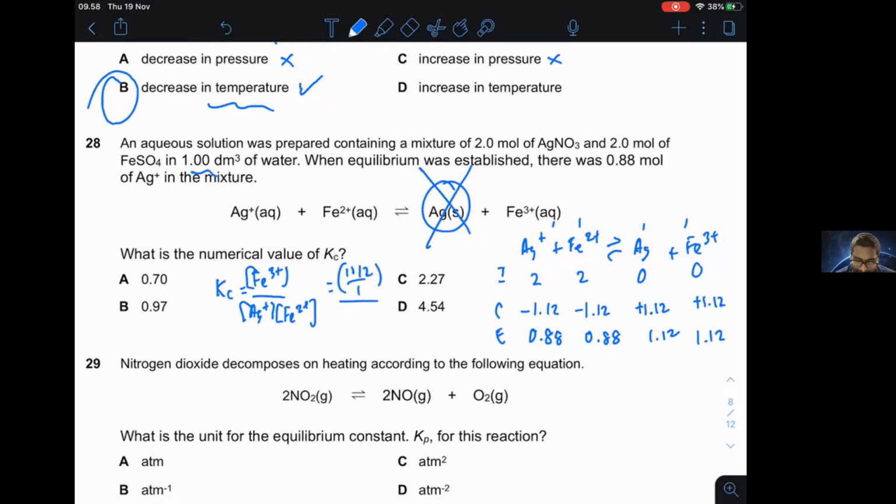Ag plus is 0.88 divided by 1, and Fe2 plus is 0.88 divided by 1. If I calculate 1.12 divided by that, I will get 0.154.